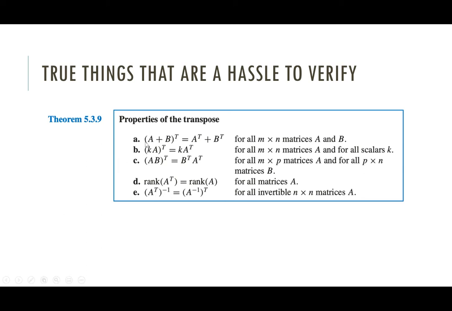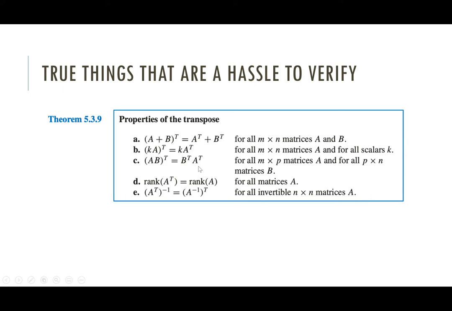The first two aren't too hard to see. If you just did a few small examples, you would see right away that you add the entries and then transpose, or transpose and then add, and you get the same thing. And maybe it's even easier to see that scaling and then taking the transpose is the same as taking the transpose and then scaling.